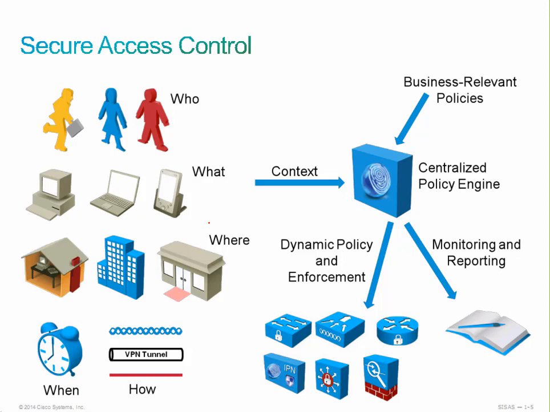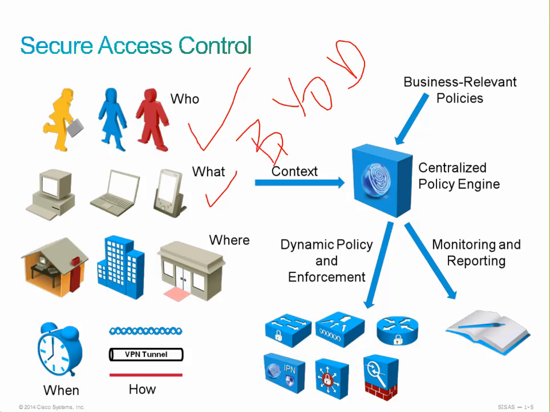Overall, our goal is, we need to be able to identify who you are, and we do that through various authentication methods. What type of device you're connecting with. Traditionally, that hasn't always been a concern. We've mostly been concerned with identifying essentially who you are. We didn't really look at what you were connecting with, but with the advent of BYOD, obviously that's a concern.